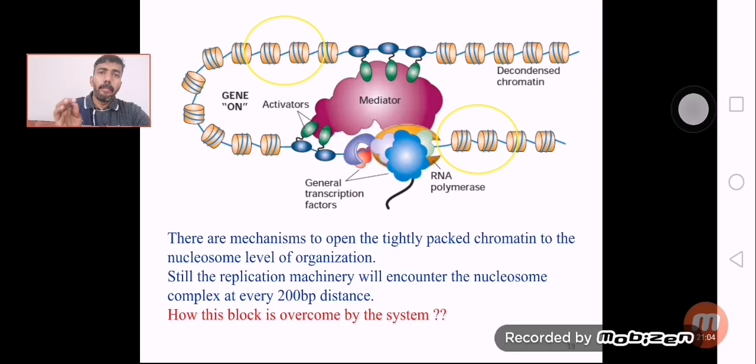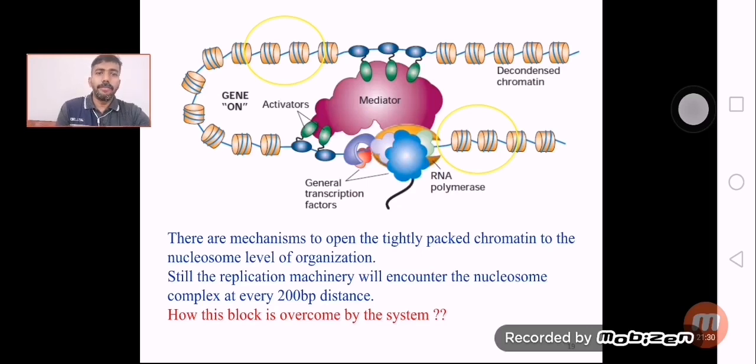We need bare DNA, that means we need a free double-stranded DNA molecule as a template. So when nucleosomes are present, how is transcription going to happen, right? That's a question. If there are nucleosomes present in the DNA molecule, then how can the RNA polymerase move along? That's an important question.